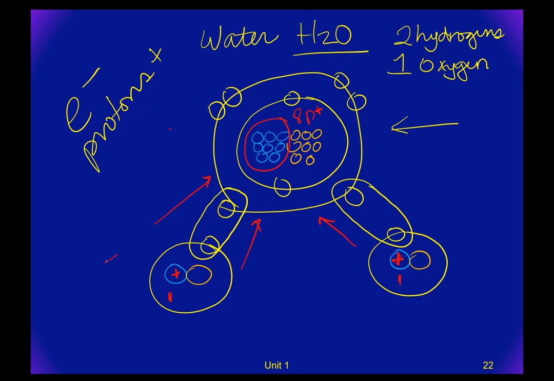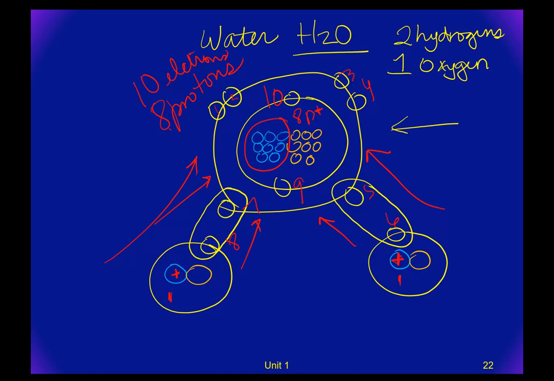If it took all of the electrons up into itself, I would have 8 protons up here, and if you counted all the electrons, 1, 2, 3, 4, 5, 6, 7, 8, 9, 10, I would have 10 electrons, right?